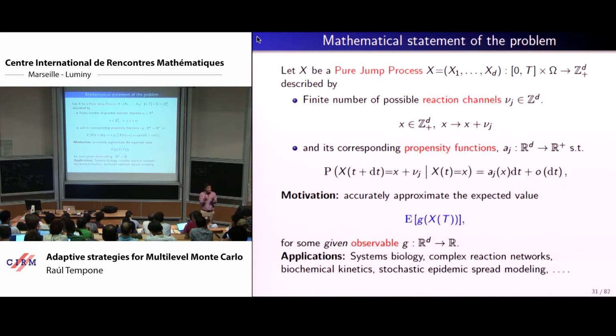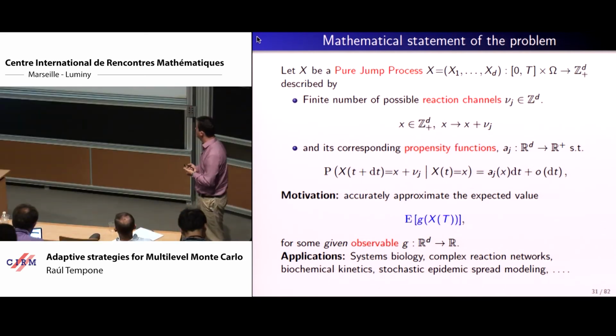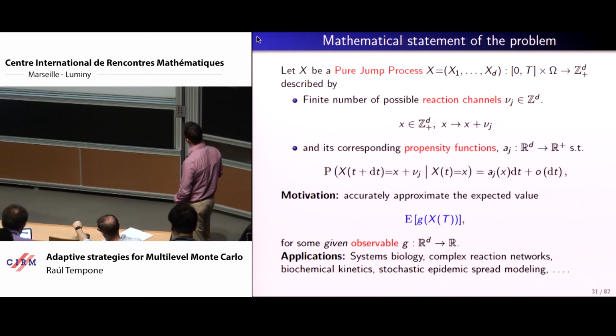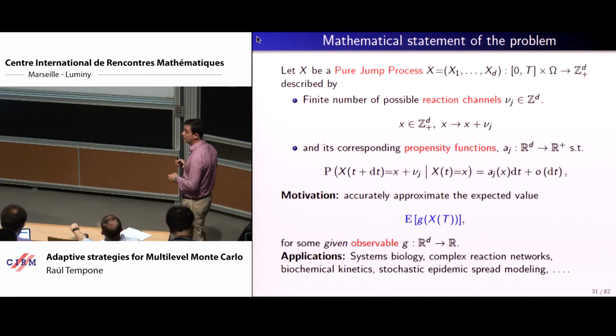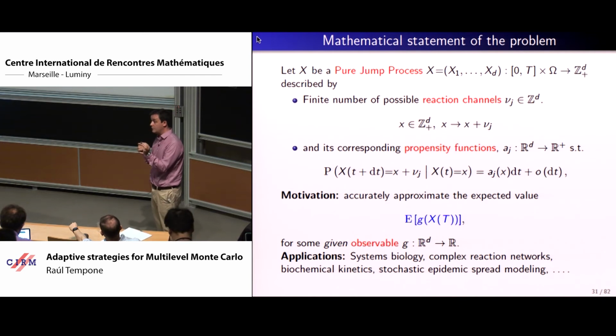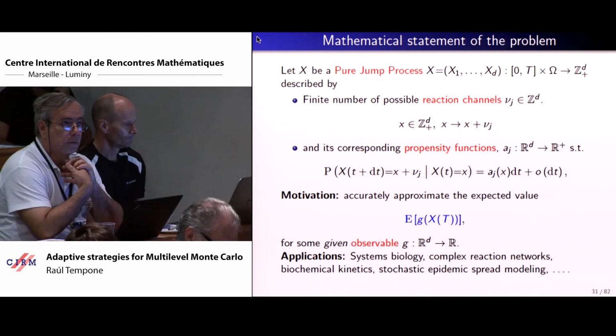The question is when they meet, and this is the stochastic part. Okay, so when a reaction of type J in the system happens, the only thing that we have is a change from X, that was the state of the system, into X plus nu J. In the case of water, for example, when oxygen and hydrogen meet to create water, you have a +1 in the water and the corresponding minuses in the oxygen and the hydrogen.